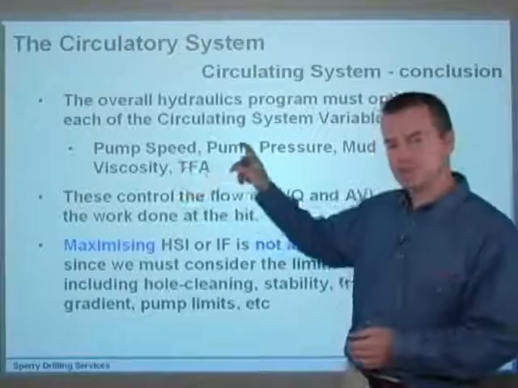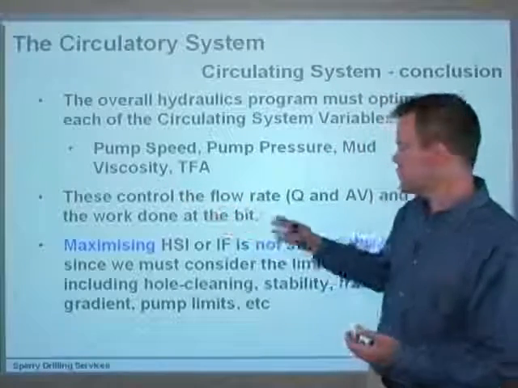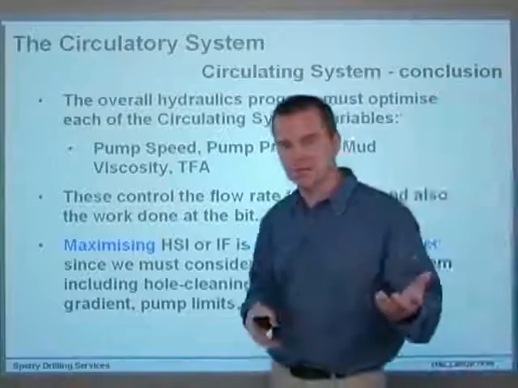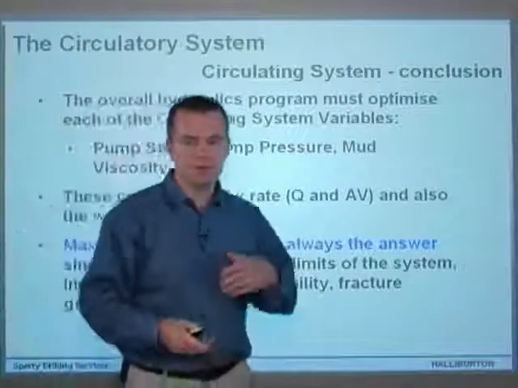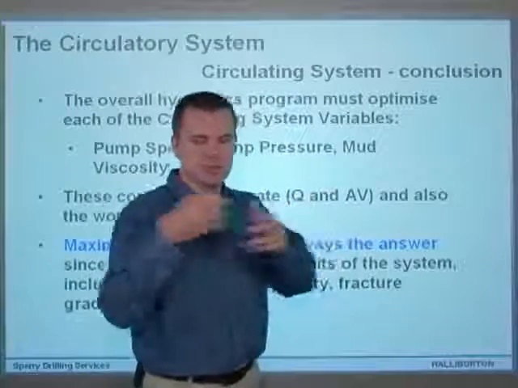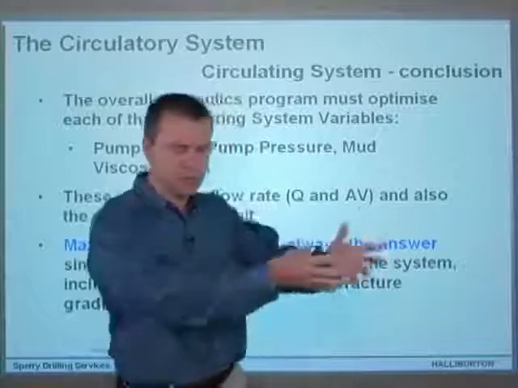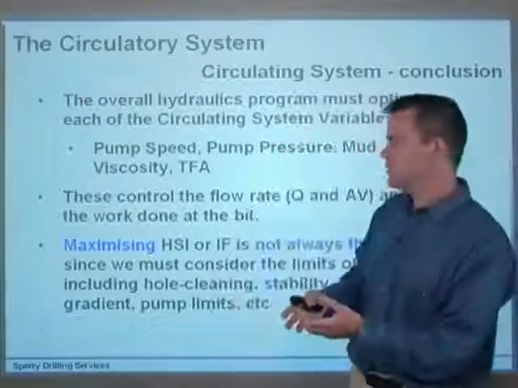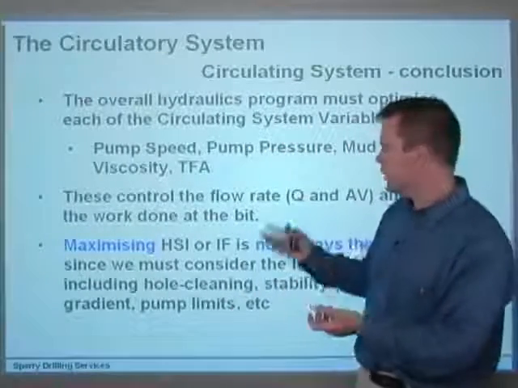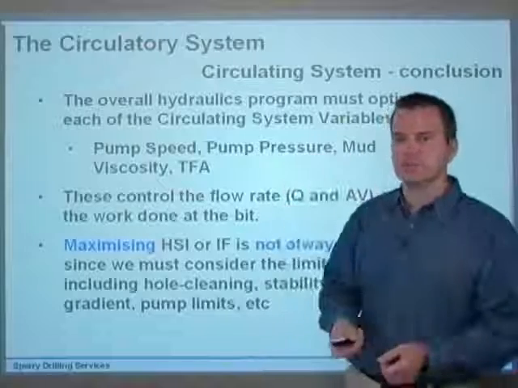These 4 variables actually control the flow rate, which is Q, and also then the annular velocity. And they also control the work done at the bit, the transference of energy from your surface system to the bit. So you're controlling the energy use at the bit, and you're also controlling the annular velocity and the hole cleaning ability.